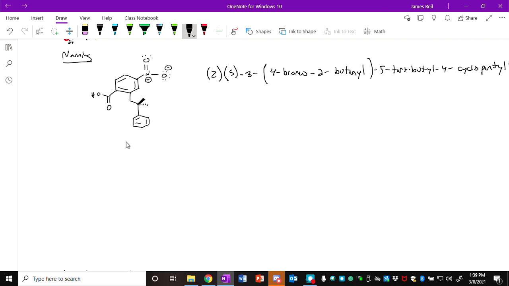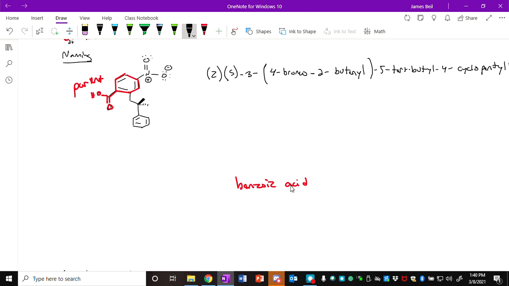So let's take a look at this one first. We want to name it. There's a lot going on here, but the first thing I see is an aromatic ring. I really have two of them, but this aromatic ring is connected to a bunch of stuff, including a carboxylic acid group. So when I have an aromatic ring connected to a carboxylic acid group, that means my parent can and probably should be named benzoic acid.